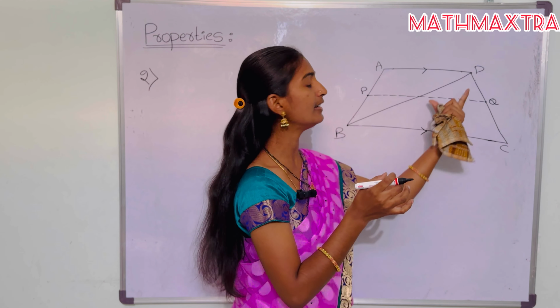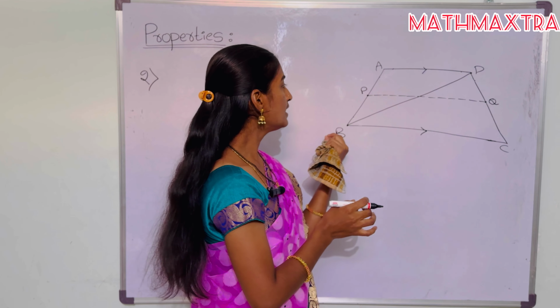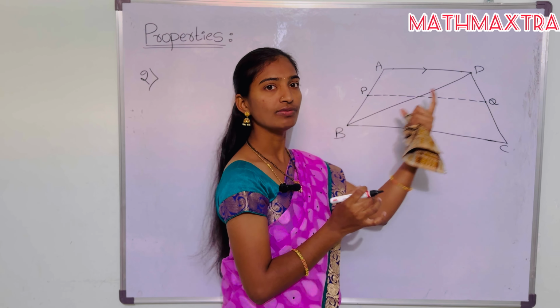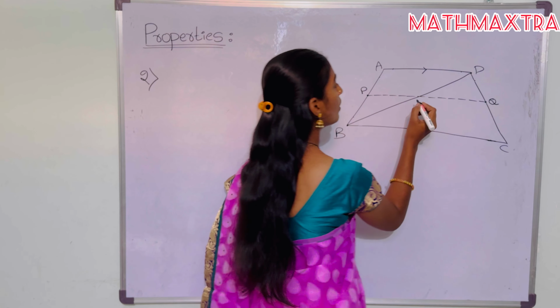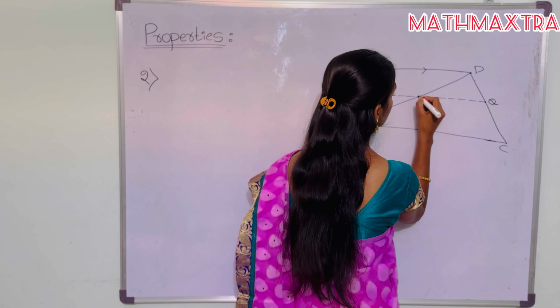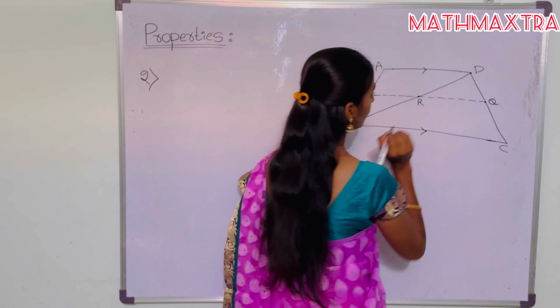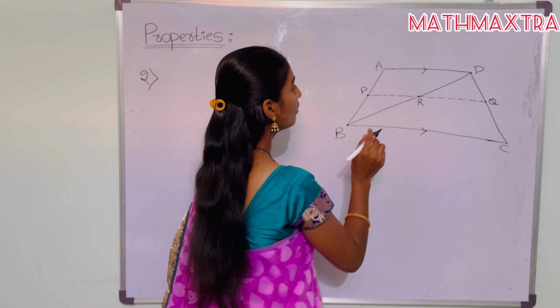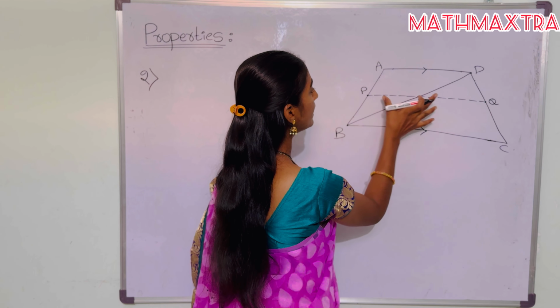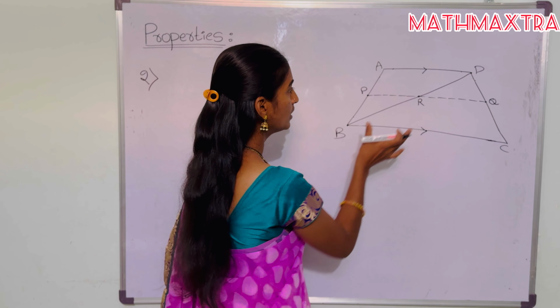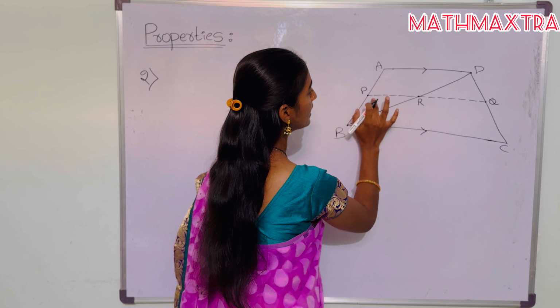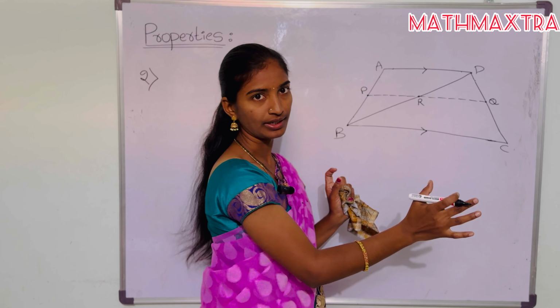B and D are opposite vertices. BD is a diagonal of this trapezium. I am taking this point as R. Now how can we calculate the length of PQ? This PQ is nothing but PR plus RQ, right?